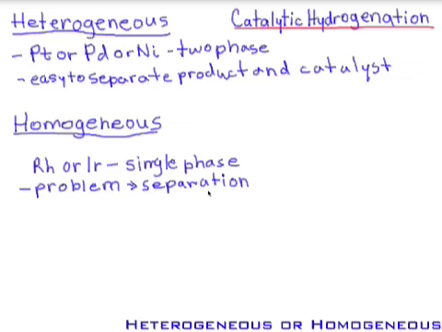So homogeneous single-phase catalysts have a disadvantage. However, typically homogeneous catalysts are more selective. In fact, you can get them so selective that they can sometimes even generate or be designed to generate individual enantiomers. That level of selectivity has not been generated in heterogeneous catalysts.